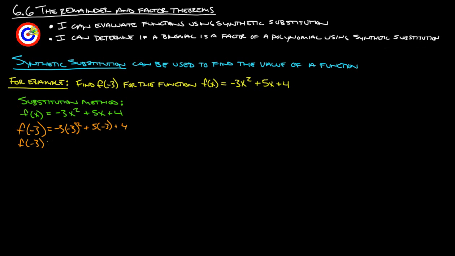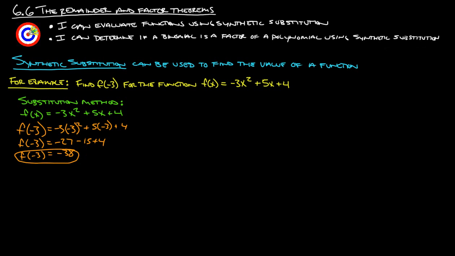So negative 3 squared is 9, times negative 3 is negative 27, 5 times negative 3 is negative 15, and then we still add our 4. And when you add that all up, we get negative 38. So f of negative 3 is negative 38, and that works just fine.